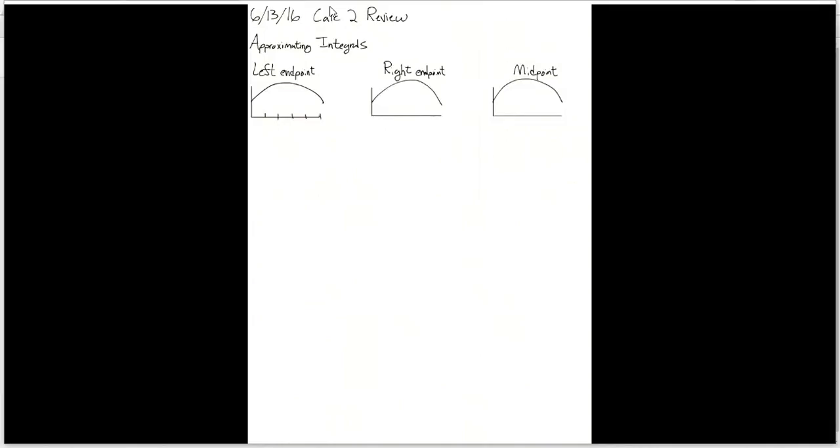So what we're going to do here for left endpoint is place the left corner of our rectangle on the function, right? And I'm going to connect the rectangles down.